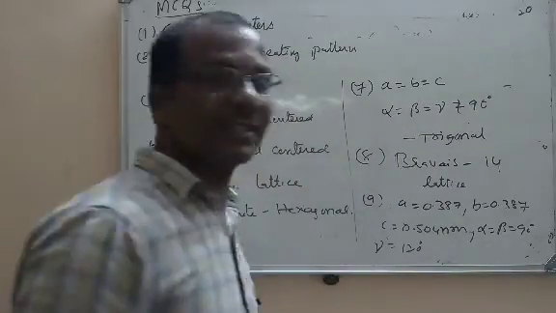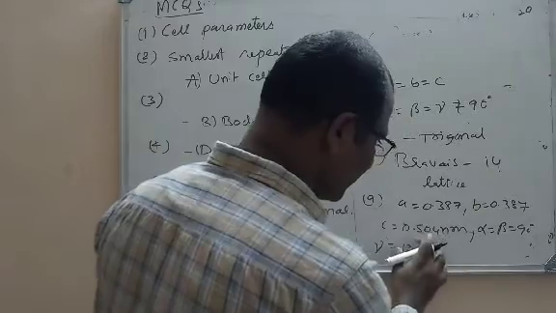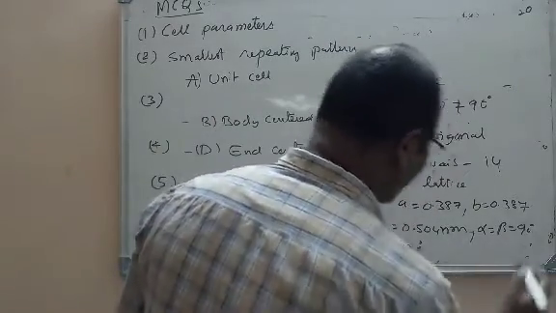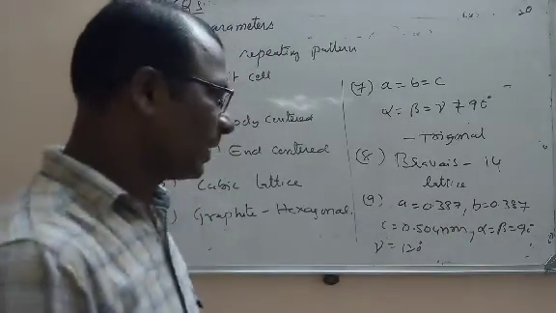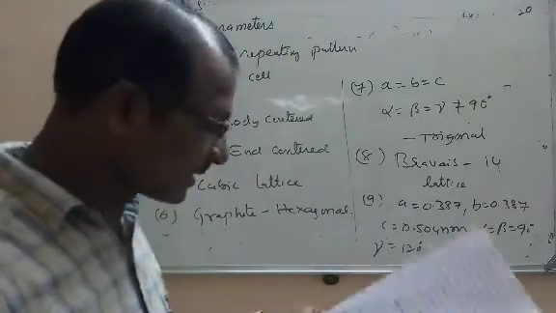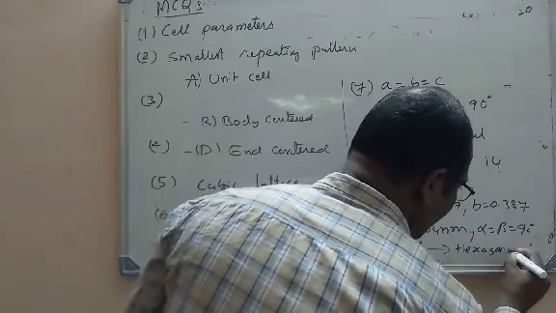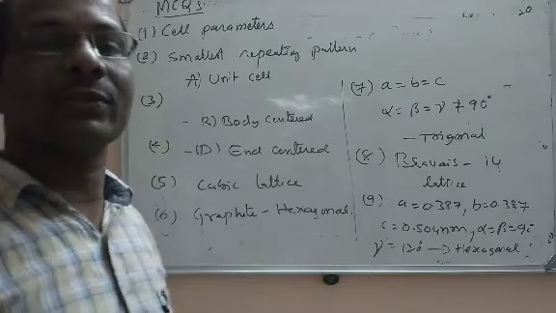Then which crystalline system is it? Look here, a and b are the same and c is different, but alpha, beta are 90 and gamma is 120. It is a hexagonal system. So the right option for this is hexagonal system.